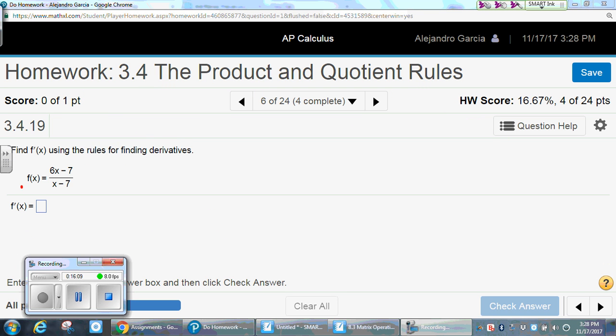So problem number 6 from your homework, we're going to use the quotient rule for the first time. And so I'm going to write it in terms of u and v.